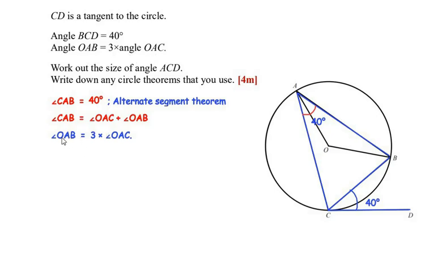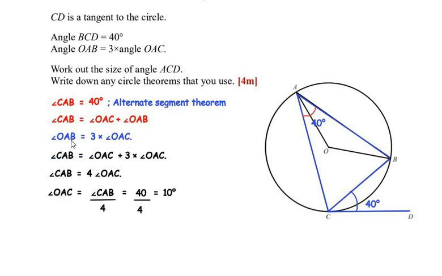So here we have written angle OAB is equal to 3 times angle OAC. Now let us plug in angle OAB in this equation. So we get angle CAB is equal to angle OAC plus, in place of angle OAB, we have written 3 times angle OAC. So we get angle CAB is equal to 1 angle OAC plus 3 angle OAC.